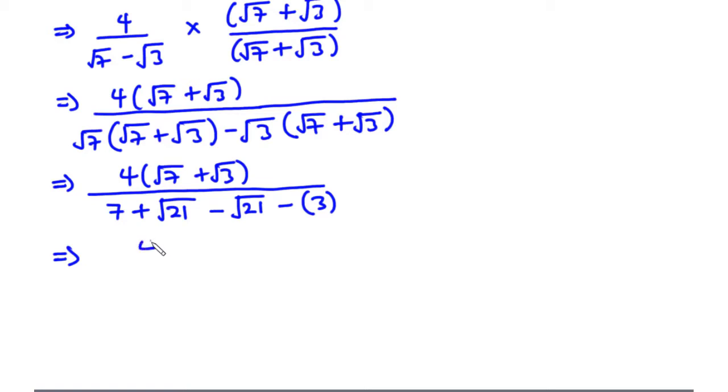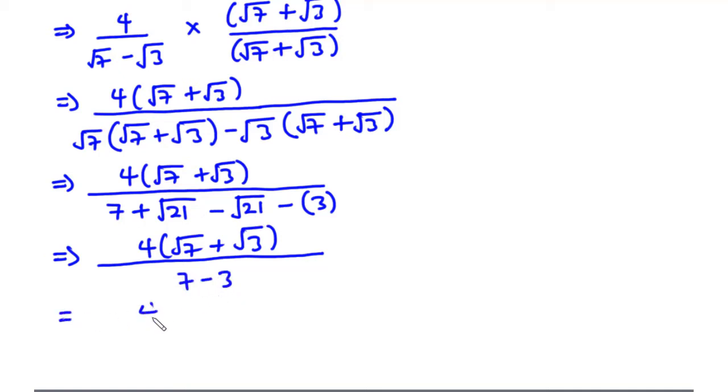So we still have 4 root 7 plus root 3 in the bracket divided by, now the square root of 21 minus square root of 21 is 0. So we have 7 minus 3. Now 7 minus 3 is 4.